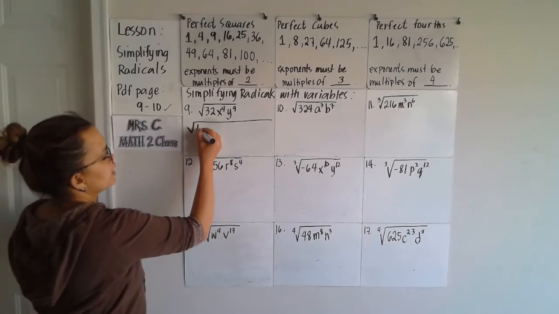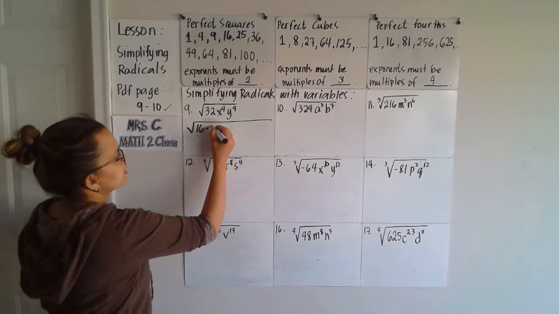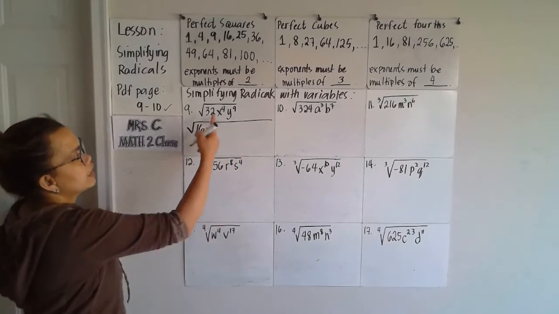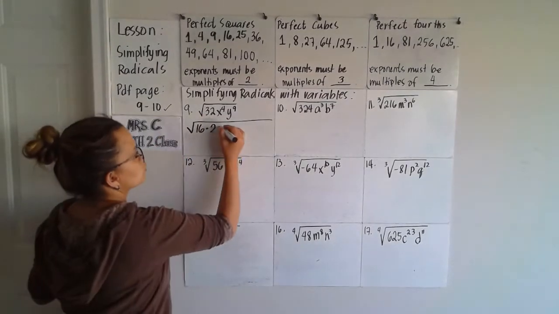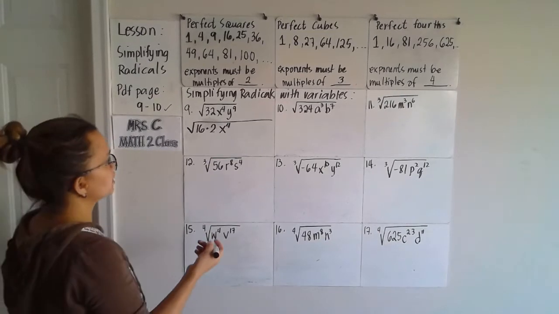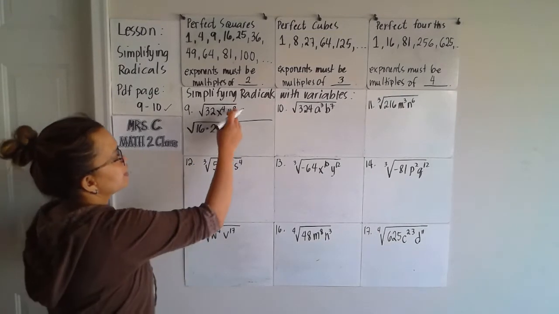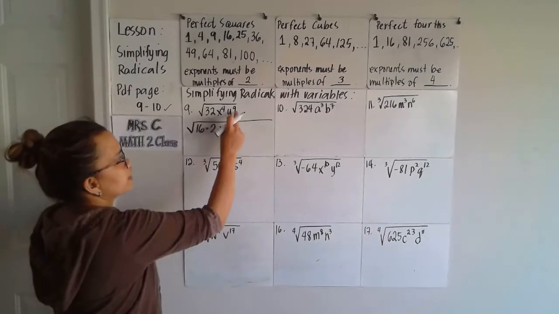All right. So again, 32 can be factored by 16 and 2. X to the fourth: 4 is divisible by 2. Yes, it is. So we can keep it since it's divisible by the index. And then y to the ninth: is 9 divisible by 2, which is the index? No. So we need to break down 9.